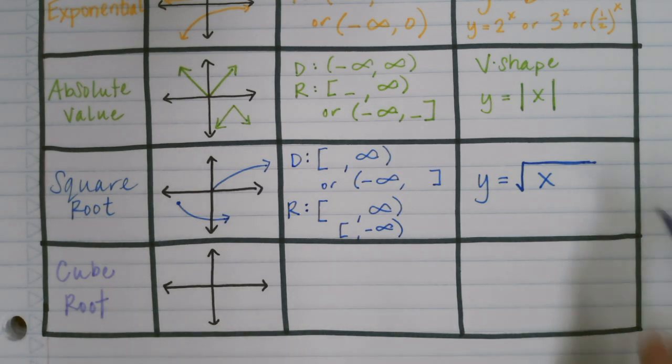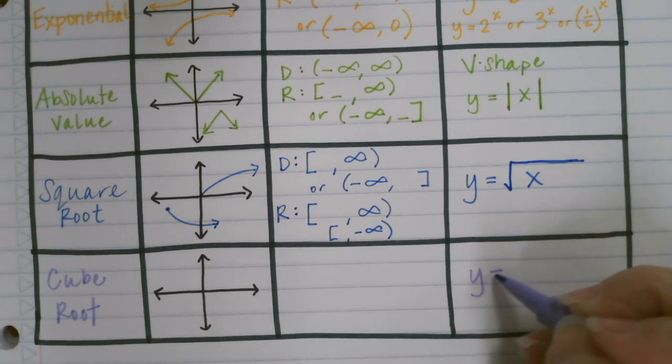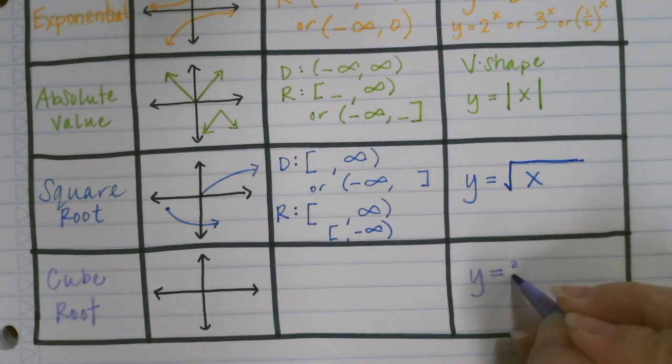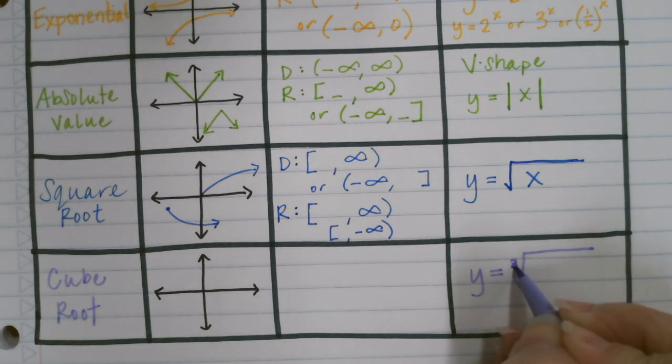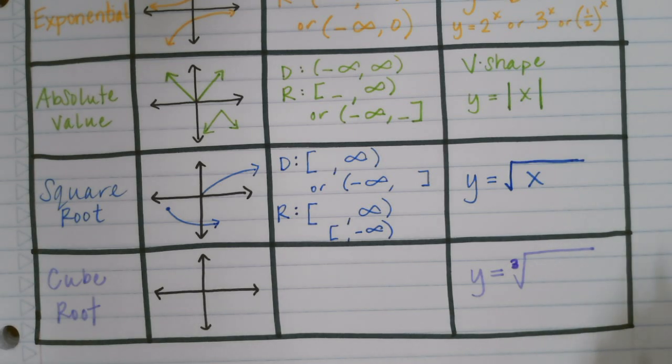So for one thing, our equation is going to look like that, because the cube root of a function has a 3 right there, and I know it's not showing up very good. I don't have a super dark purple here, but this is a 3 right here. Now, when we do a square root, we don't really put the 2 in there. It's just understood that the 2 would go in there.